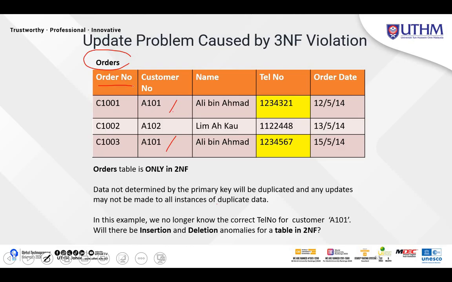And we make a change, for example, alter table, or we modify the telephone number to the latest one for order number 1003, because we modify based on the order number, the primary key. Once you modify for 1003, 1001 is not changed. Can you see? It's not changed. So this is what is called the update problem again.